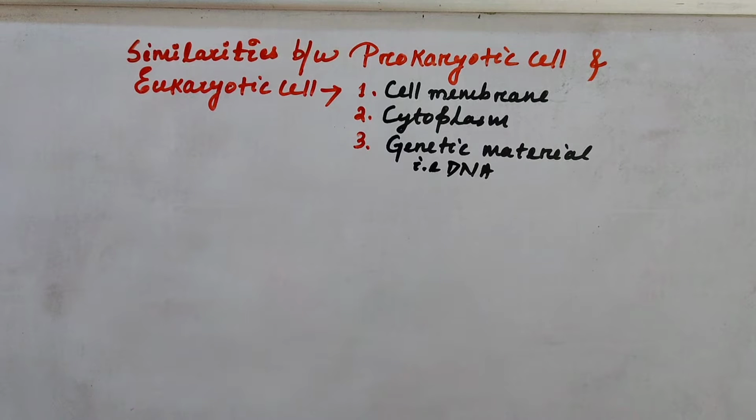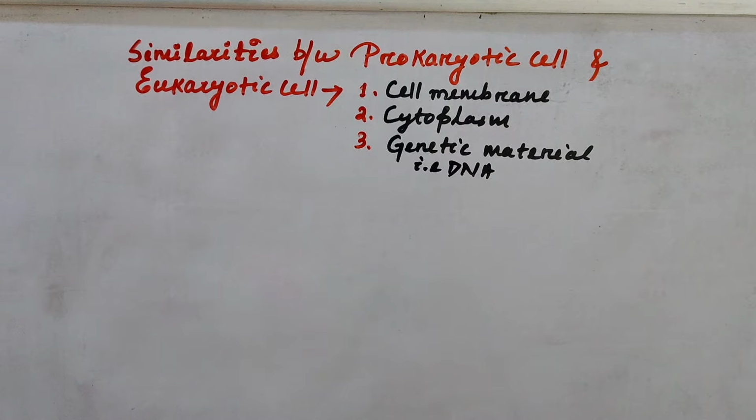Cytoplasm is present inside the cell. This is a gel-like matrix in which the cell organelles are scattered. The third one is the genetic material, that is called DNA, deoxyribonucleic acid. So these are the common features shared by prokaryotic cell and eukaryotic cell.